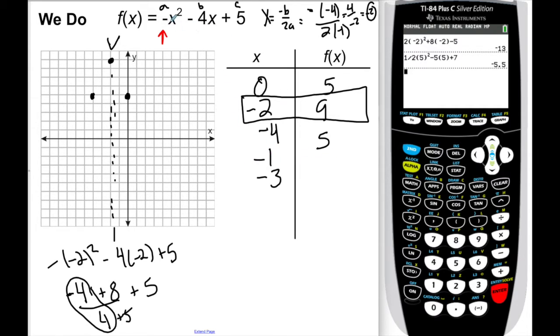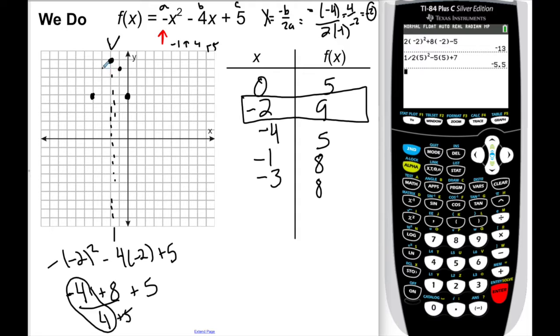Negative 1 squared is 1. This makes it negative 1. Negative 4 times negative 1 is 4, plus 5. So that's 1. I'm plugging in negative 1 personally because I think it's the easier of the two. It's up to you. Negative 1 plus 4 is 3, plus 5 is 8. And so negative 3 must also be 8.